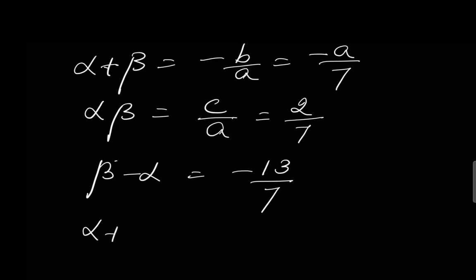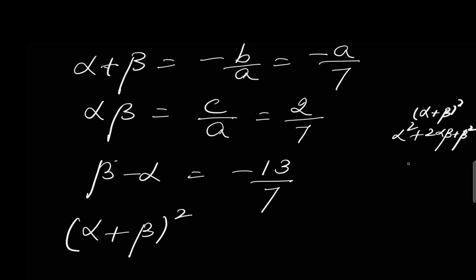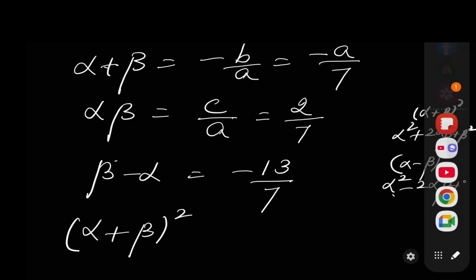See here, alpha plus beta the whole squared. When you expand this, you will get alpha square plus 2 alpha beta plus beta square. This is your alpha plus beta the whole square. What is alpha minus beta the whole square? Alpha square minus 2 alpha beta plus beta square.